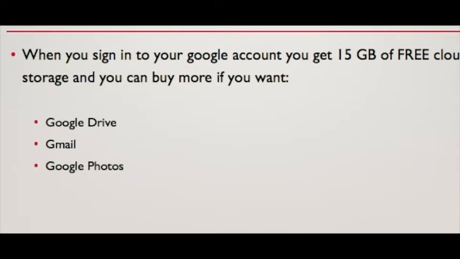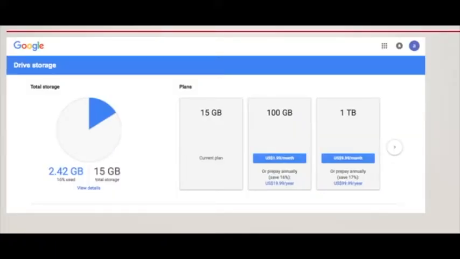So when you sign in to your Google account, you get 15 GB of free cloud storage. Isn't that pretty cool? So you can store 15 GB of data for free on either your Google Drive or Gmail or Google Photos. If you want more than 15 GB, you can always go higher, but you would have to pay a price for that.